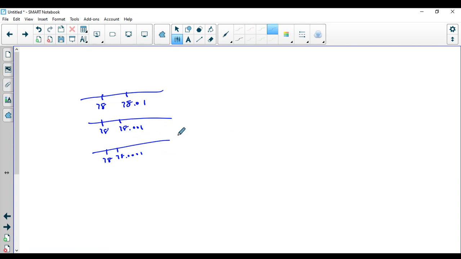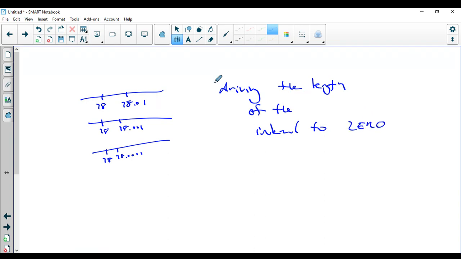As long as you have an interval, there's going to be a subtraction. You're not going to get 0 over 0. You're going to be able to use that average rate of change to estimate the instantaneous rate of change. So you're basically driving the length of the interval to 0.